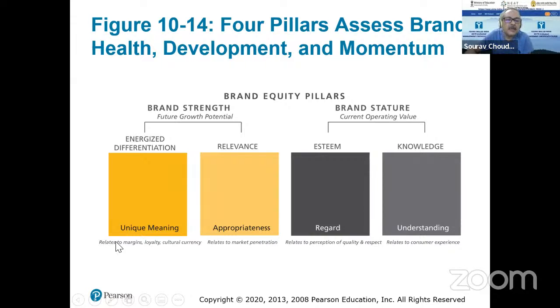Differentiation relates to margins and loyalty; relevance relates to market penetration. If it's an appropriate brand, it will penetrate more and the presence will be more, right? Esteem relates to perception of quality and respect. It will have esteem or regard if consumers have great respect and feel the quality is really good. And finally, knowledge leads to the consumer's experience. How much knowledge you have tells about the consumer's experience.